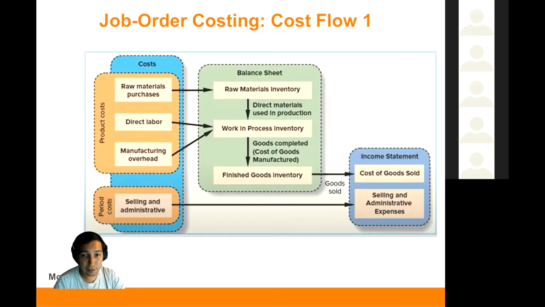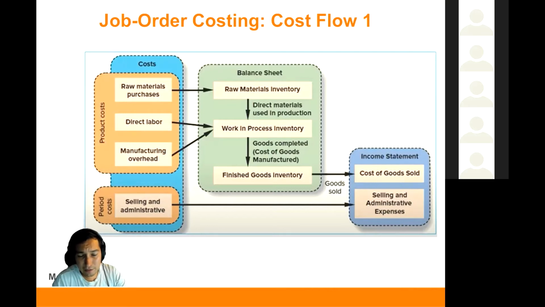That's a really important and great reminder for us that the transfer from WIP to finished goods, that amount represents COGM. That's our cost of goods manufactured. Those are the goods that were finished during the period. Okay, guys.